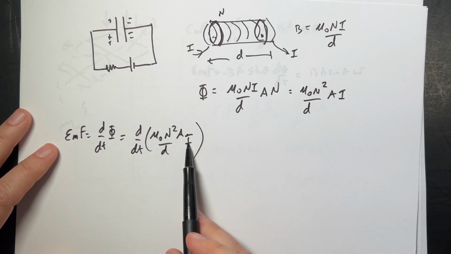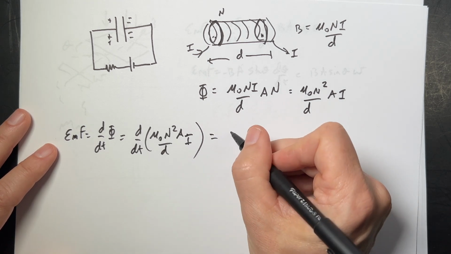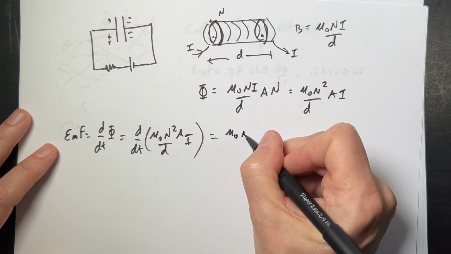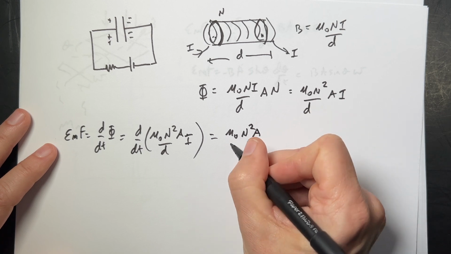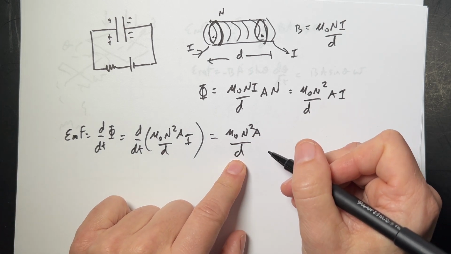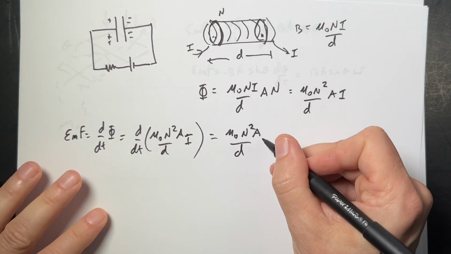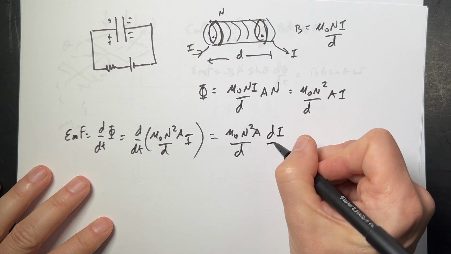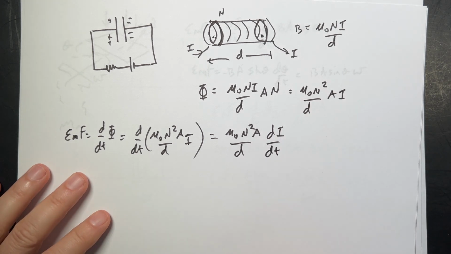The only thing that could change with time is I, so I can pull that out, and I get mu naught n squared A over d, and that d is the length of the cylinder, and then the derivative of current with respect to time.